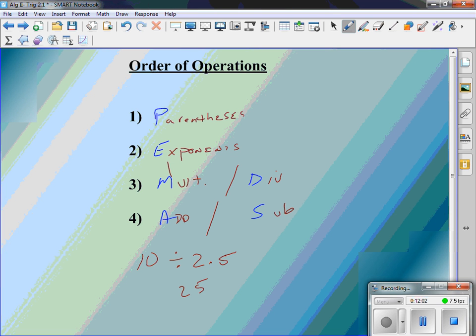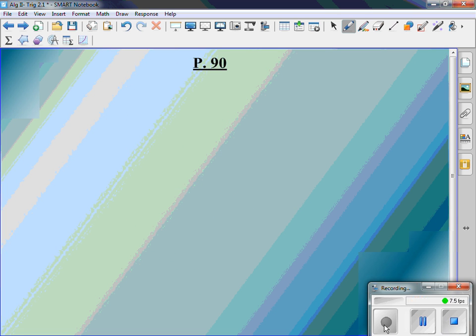You have to move from left to right, whichever one comes first. Just because you see multiplying over here doesn't mean you do multiplying, then do dividing. This answer is 25, not 1. That's a times symbol, not a decimal. Any questions? Open your books to page 90 then.